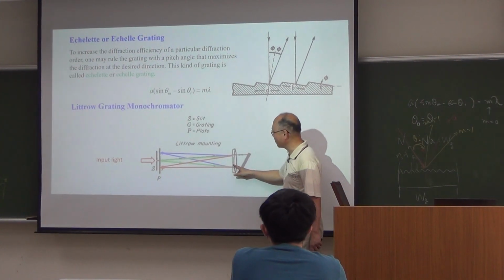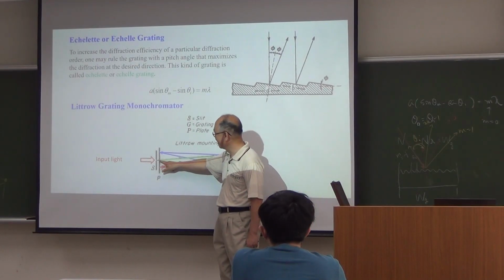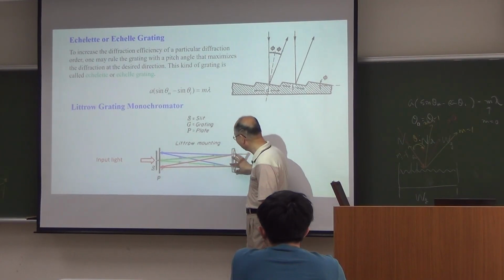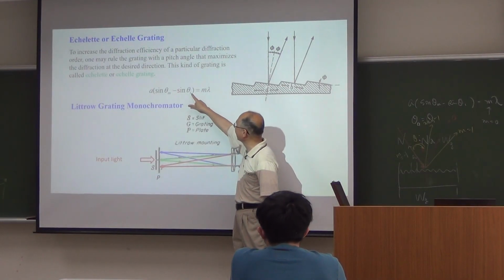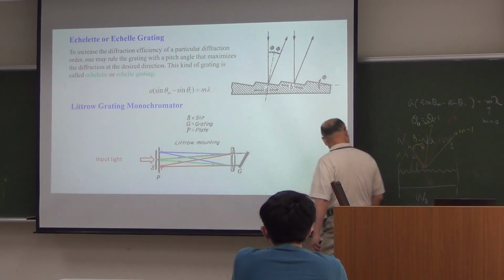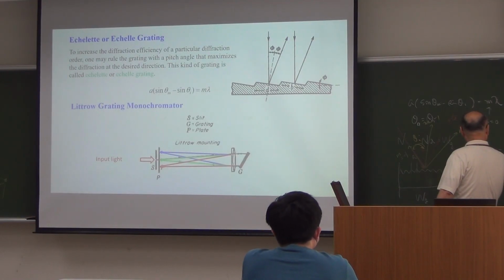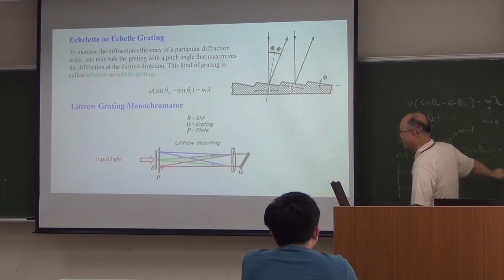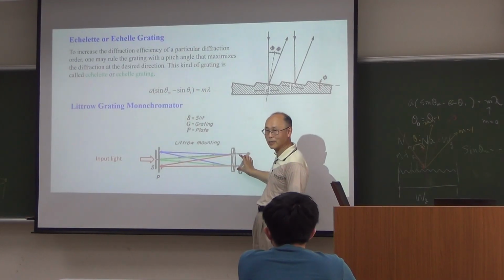And then if you want to pick up your signal somewhere, put in the lens, so you focus the plane wave to a spot somewhere here. For green light, if the incident angle is correct, you set theta m equal to minus theta i. This is the Littrow configuration. And then green light will go down to this location if you set this angle correctly.